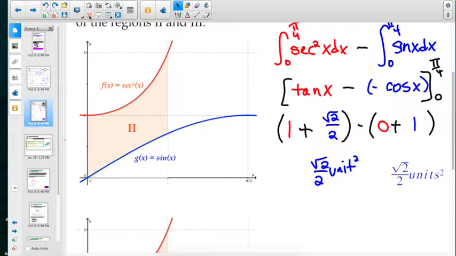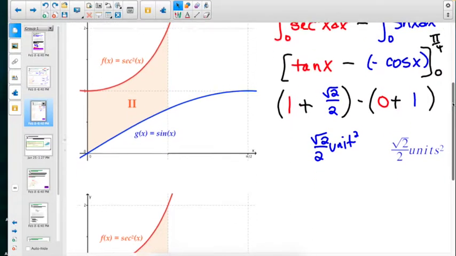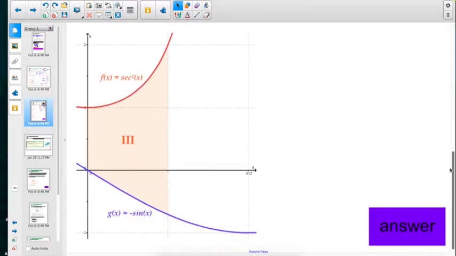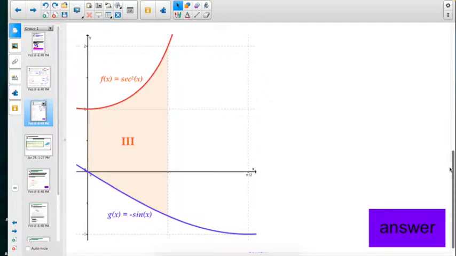So what happens then if we just flip that sine curve? Okay? Bigger area, right? We know we're going to end up with a bigger answer. Tom.